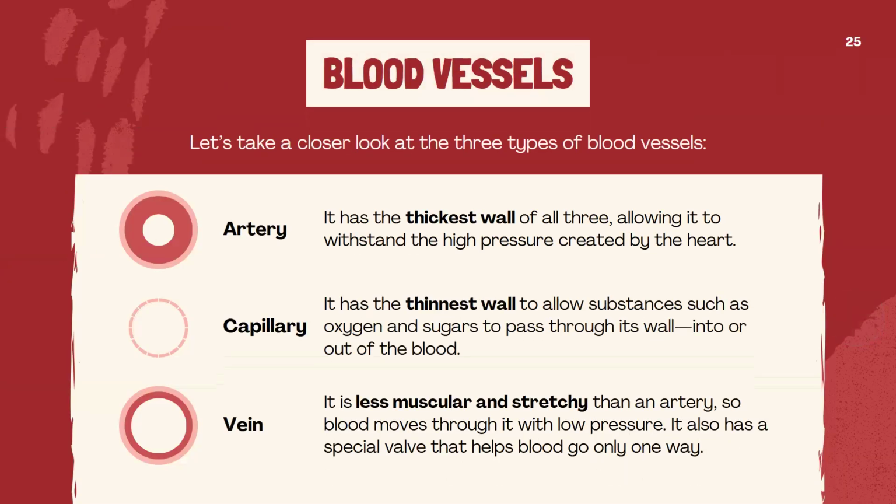So this is the summary of the arteries, veins and the capillaries. The capillaries are the ones which connect the arteries and the veins. These capillaries are associated with the cells. The oxygen carried by the arteries reaches the cell through the capillaries.